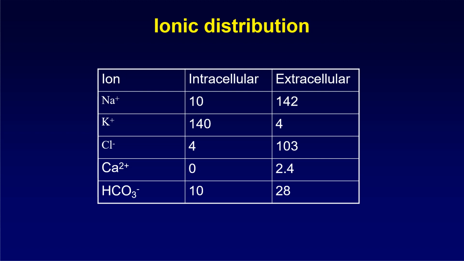So that's why, though its atomic weight is less compared to potassium, it is moderately permeable, whereas potassium is freely permeable. The cell membrane is practically impermeable to intracellular proteins, that is anions, and organic phosphates, which are negatively charged anions.